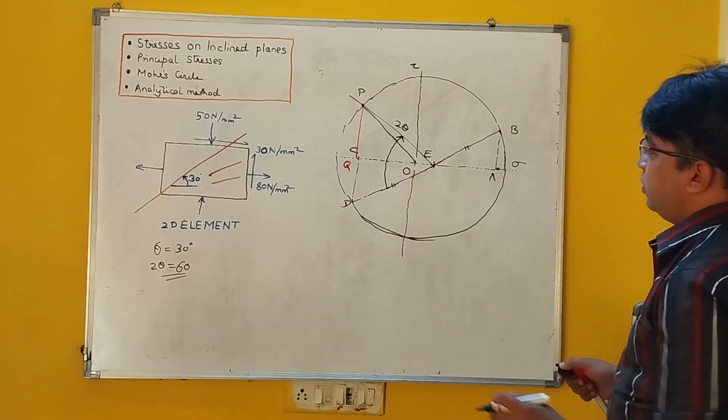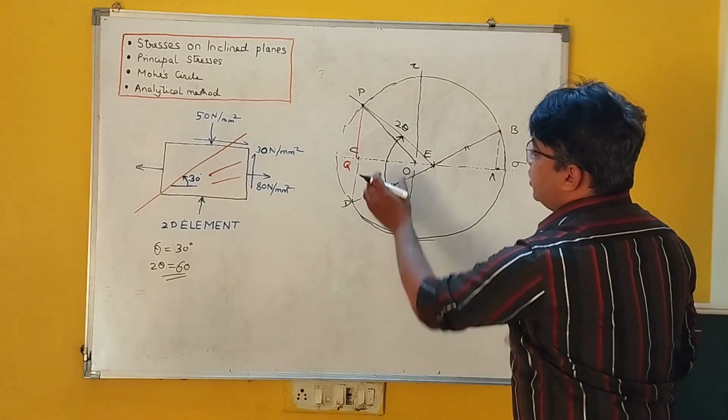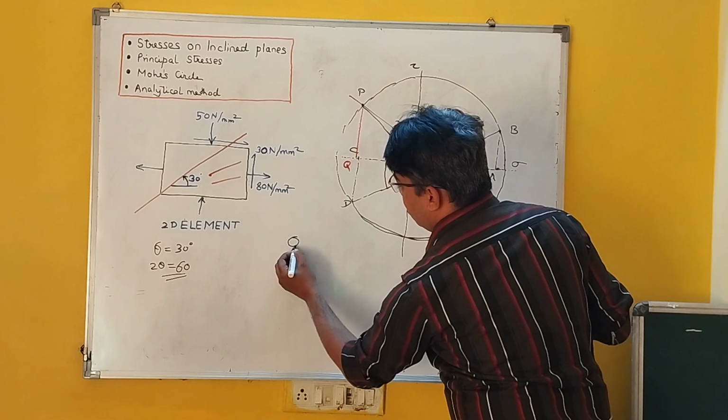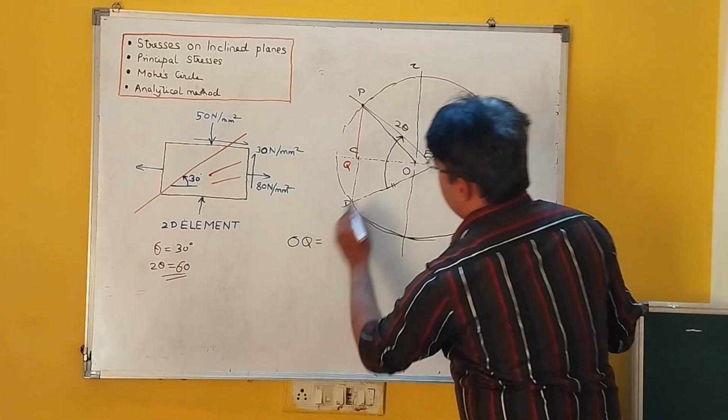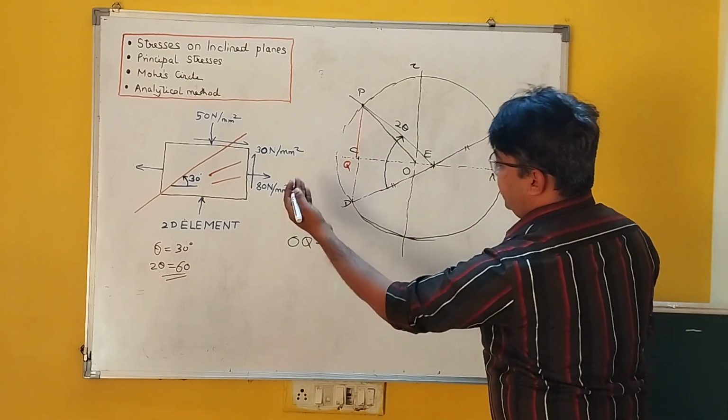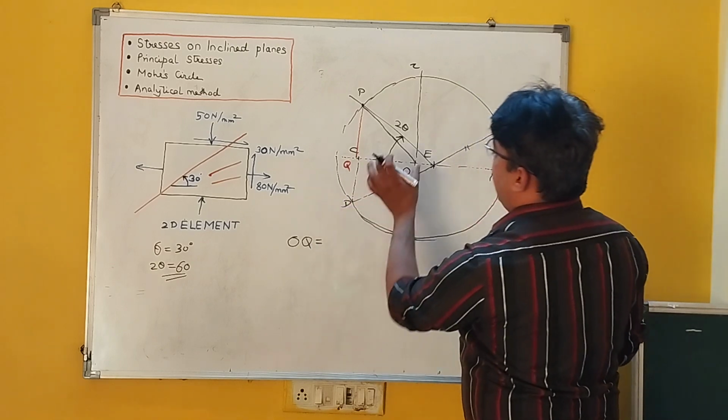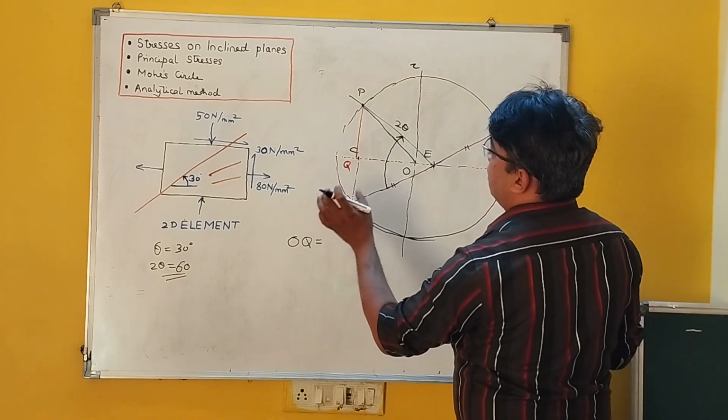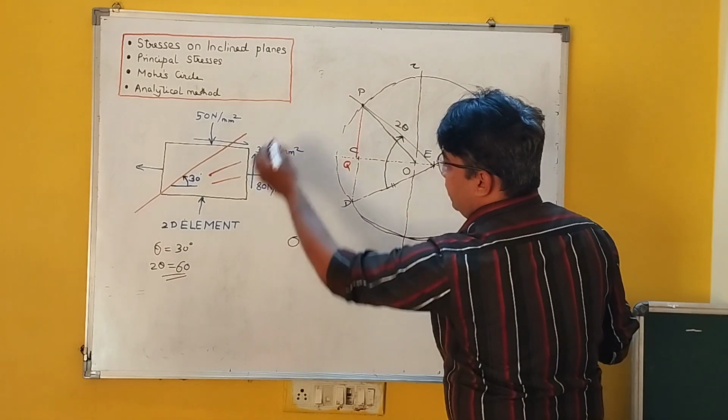Now just look over here, this dimension OQ towards the left. So this dimension represents the normal stress on that plane.